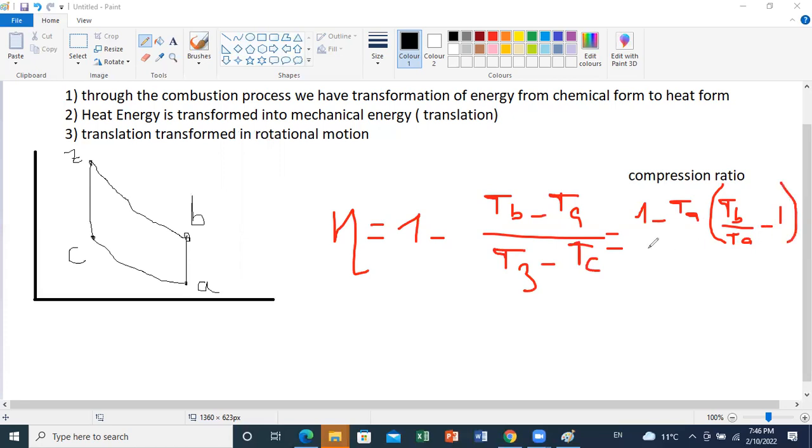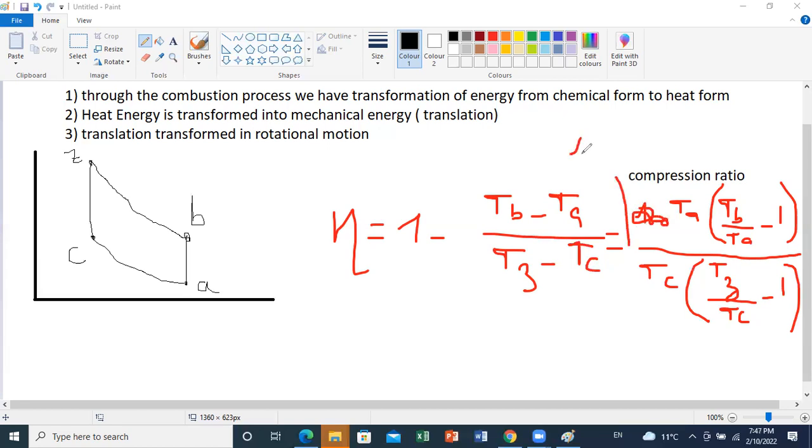And in the denominator, I will take TC as factor. So I get over TC times TZ over TC minus 1. It might seem complex now, but you will see that it will simplify a lot after. Okay, sorry, here 1 minus is outside. It's outside of the fraction, so it's 1 minus this fraction.